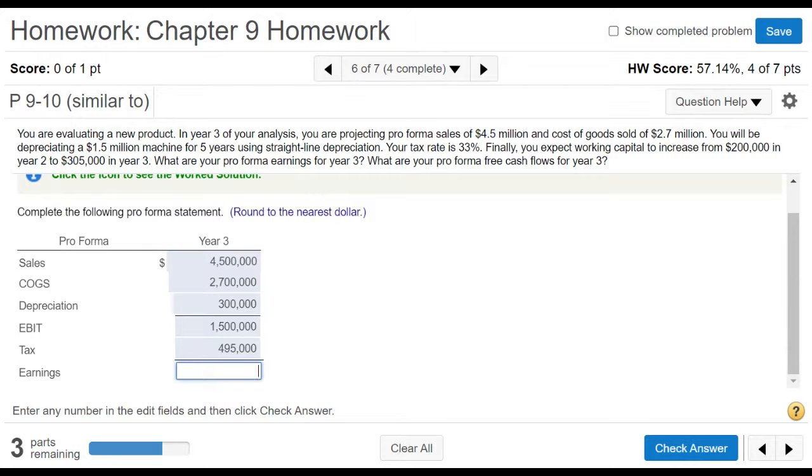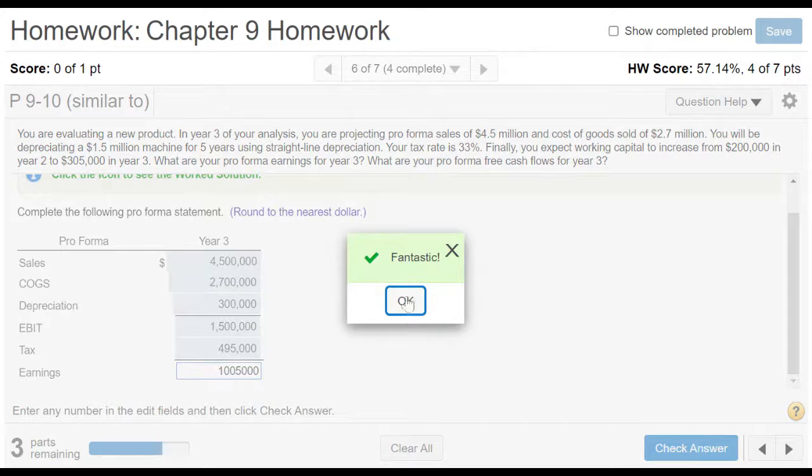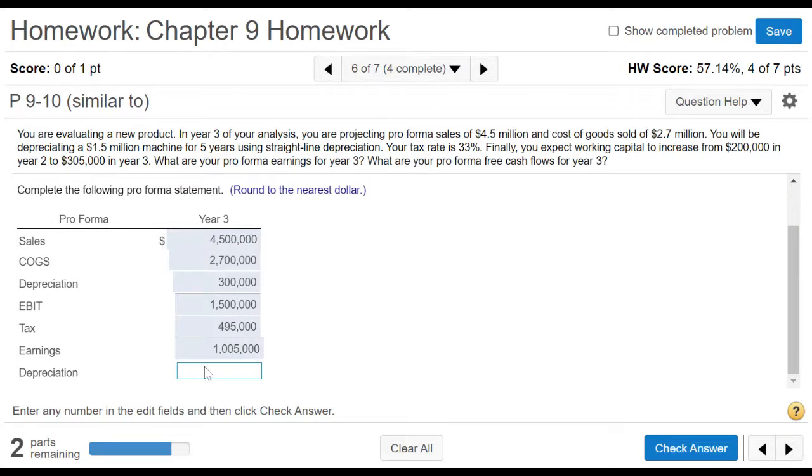You made money now. 1,005,000. Good job. And the depreciation? 300,000.